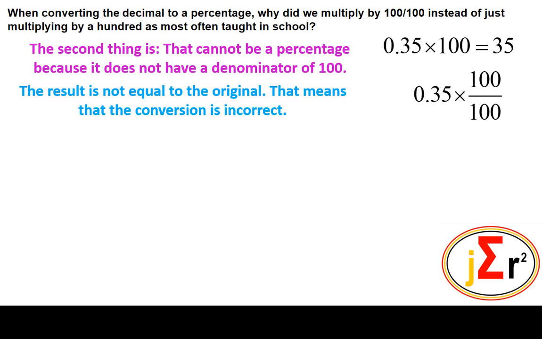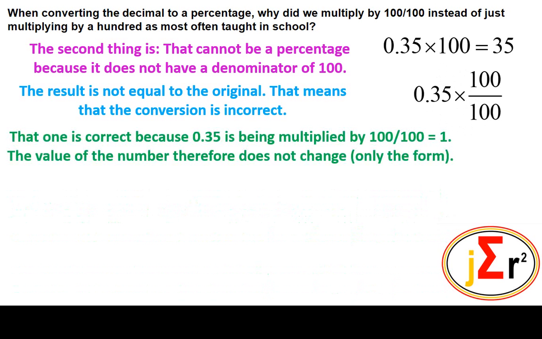But when we multiply by 100 over 100, what will happen? That one is correct because 0.35 is being multiplied by 100 over 100, which is equal to 1. That means its value is not changing. The value of the number, therefore, does not change, only the form. And what happens?